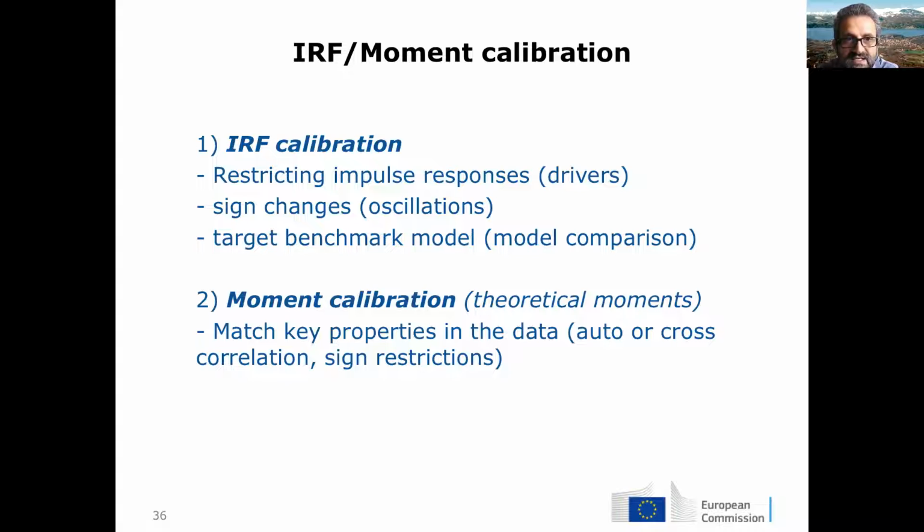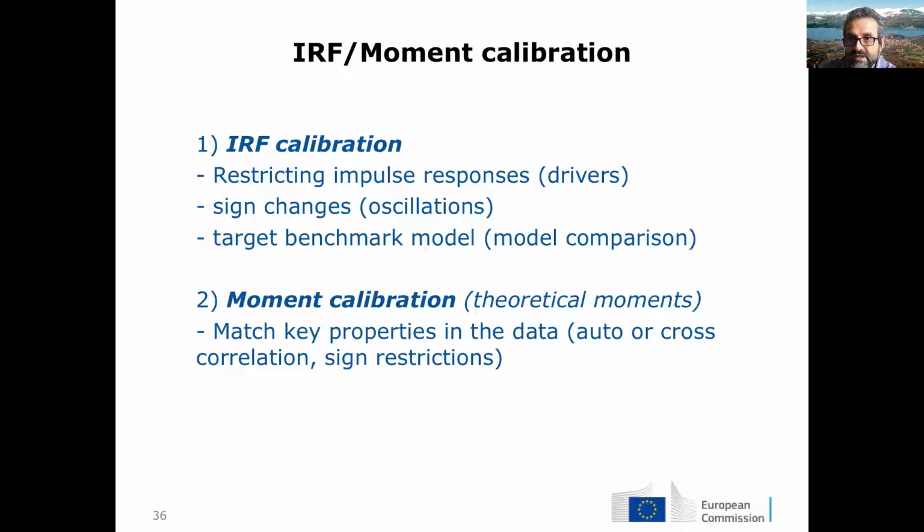Anyhow, you want to restrict impulse responses to a given shape. You may want to avoid a lot of sign changes, so maybe we don't want too many oscillations in IRFs, and we want to target a benchmark model for model comparison. Moment calibration: we want to match key properties in the data, auto or cross correlation, or sign restrictions.